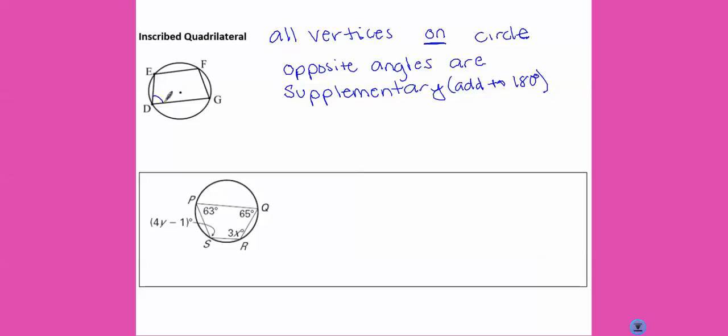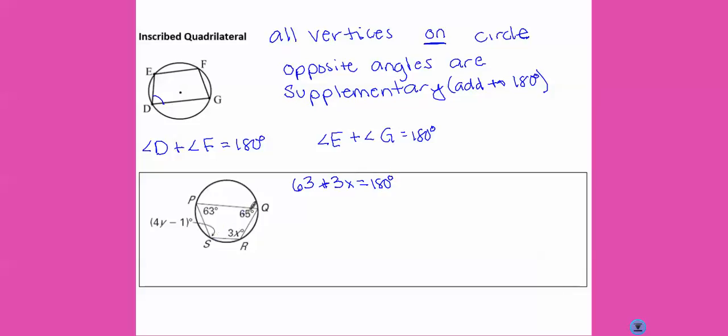So, angle D and angle F will equal 180 degrees, and angle E and angle G will equal 180 degrees. So let's use that to help us solve this example. Angle P and angle R would have to add to 180 degrees, so 63 plus 3x equals 180.